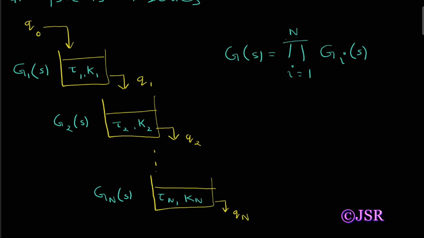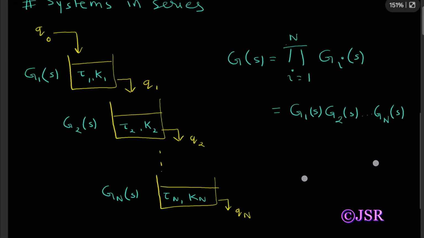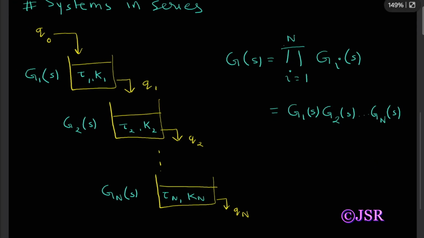So here we can write G1 of s, G2 of s and Gn of s. This is the transfer function for n systems in series.